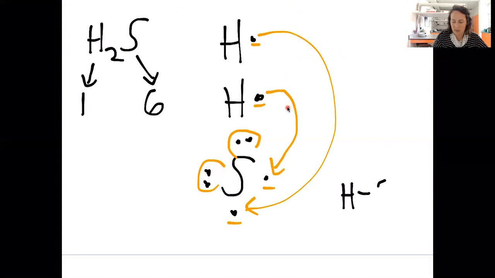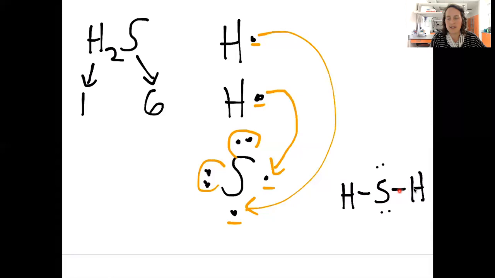There's a bunch of different ways you could draw it, but I'll draw it in a linear fashion where I've got my hydrogen with a single bond to the sulfur atom. The sulfur has 2 lone pairs on it. Check that out from our valence structure over here, or our Lewis structure. And then the sulfur has its second single bond to this hydrogen. So that would be how you draw the Lewis structure for hydrogen sulfide.